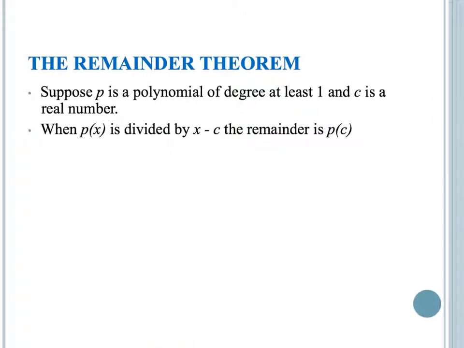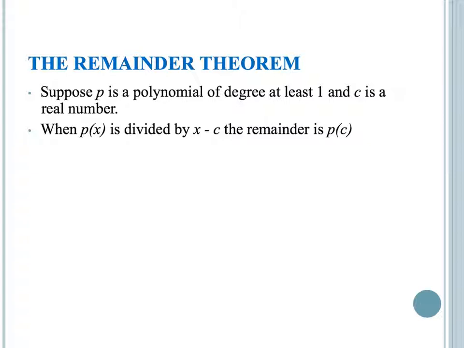Okay, so the remainder theorem helps us out when we're using synthetic division, which we're going to get to in a minute. The remainder theorem also helps us quickly tell if we have a factor or not by using our function notation. If we get a value of 0 when we plug in whatever value we want to check, then we know that we have a factor. If we plug in a value and it's not 0, it's not a 0.